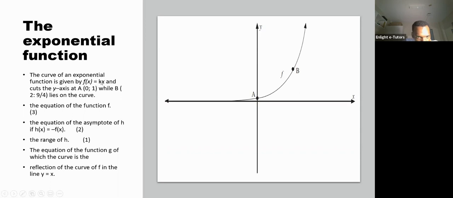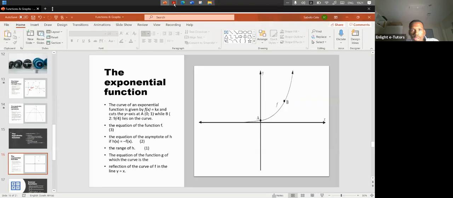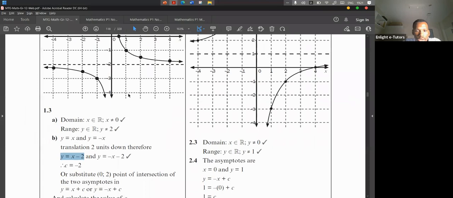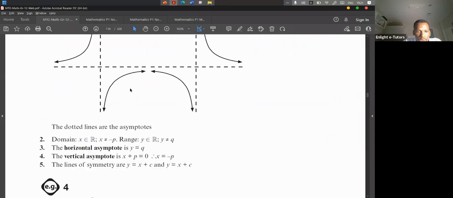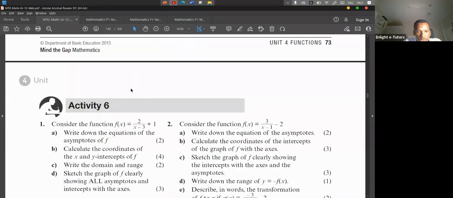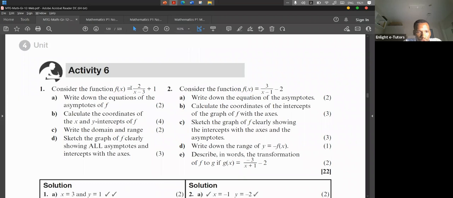Yeah, sorry, I didn't write it. And then it cuts the y-axis at (0, 1), which means this point is (0, 1). And then (2, 9/2). Okay, then let's just go to it here so that I don't make you more confused than you already are.